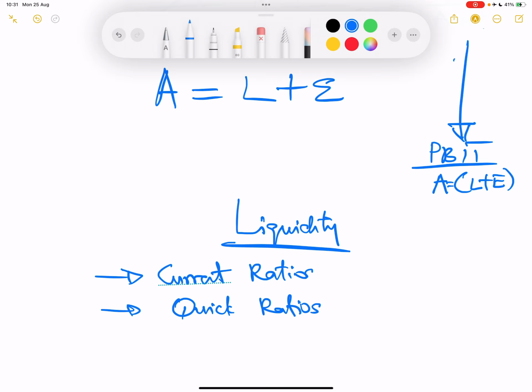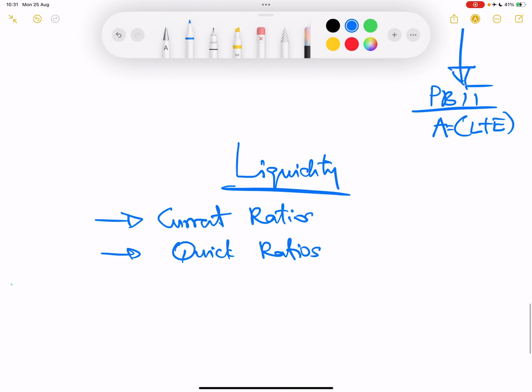Ideally, you expect it to be 2, and at least around that 2. Or if it's anything significantly less than 2, you know there's a problem. And for quick ratio, you need to adjust for inventory from your current asset, but still divide it by current liability. And naturally, ideally, you expect it to be 1. And if it's significantly less than 1, you need to be worried and need to act fast and do something to your liquidity, because you might be running into big trouble.